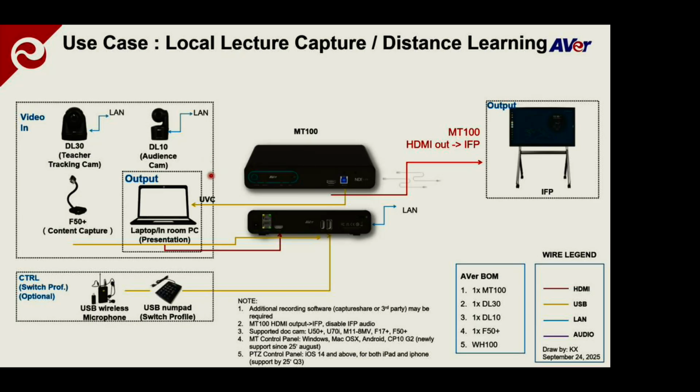Probably I can add the PTZ TR315 or other professional cameras to integrate into one screen. And we also have the document camera using USB to connect. And for the PC, I'm using HDMI. This is the input side.